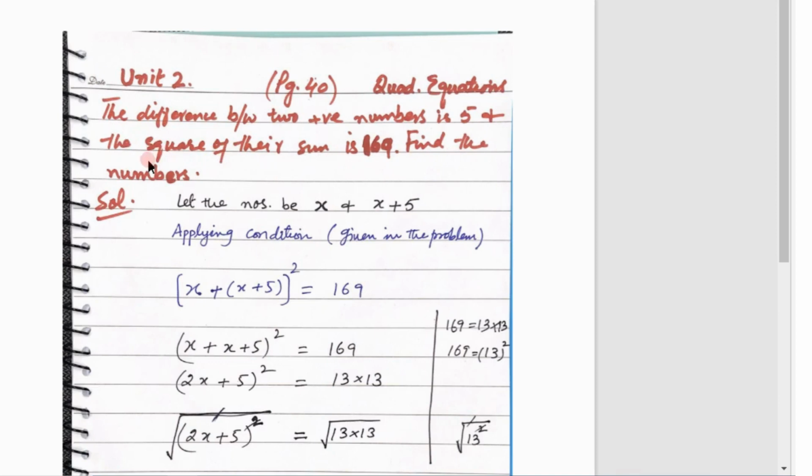Find the numbers. When such a vague statement or word problem is given to you in which you are supposed to find out some numbers, whatever is there to find out, we suppose it. And we suppose it intellectually, right? We will use our knowledge and wisdom, because if one number is 5, it is understood.